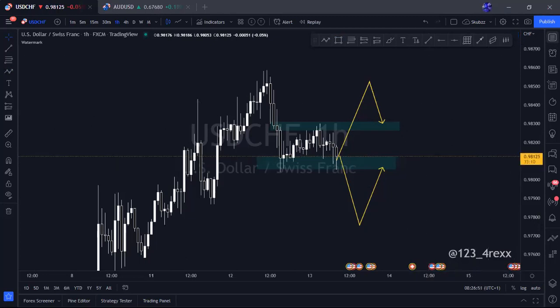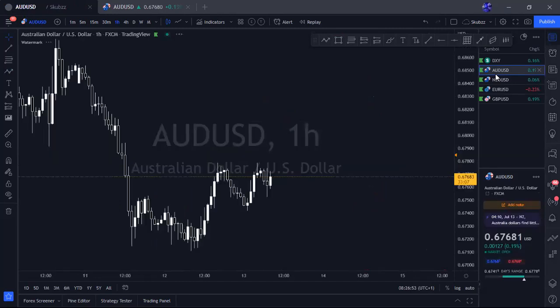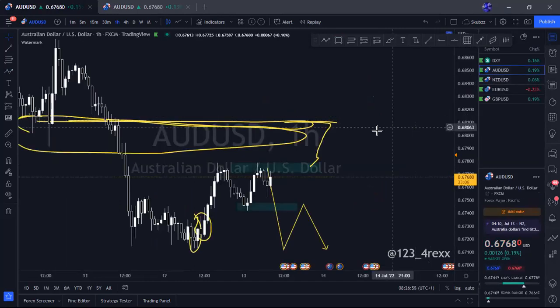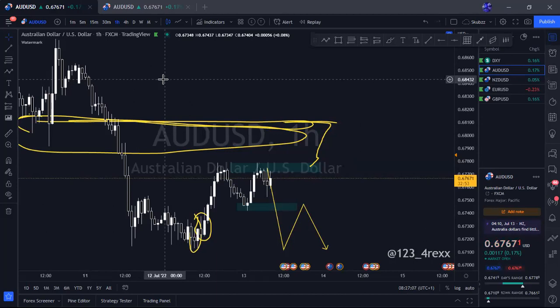Anyways, that's been said. Let's see. ADST. So a candlestick forming on ADST. Okay, good.